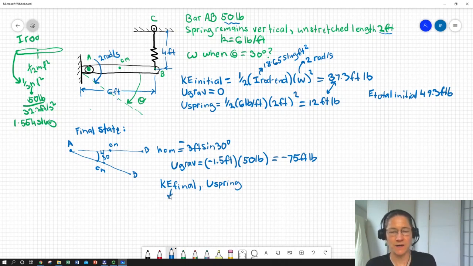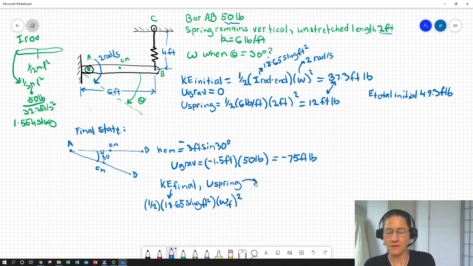So our KE final is pretty easy. It's just going to be our 1/2. The moment of inertia of our rod did not change, so we're going to have our 1/2 18.65 slug feet squared. We'll call it omega final squared.